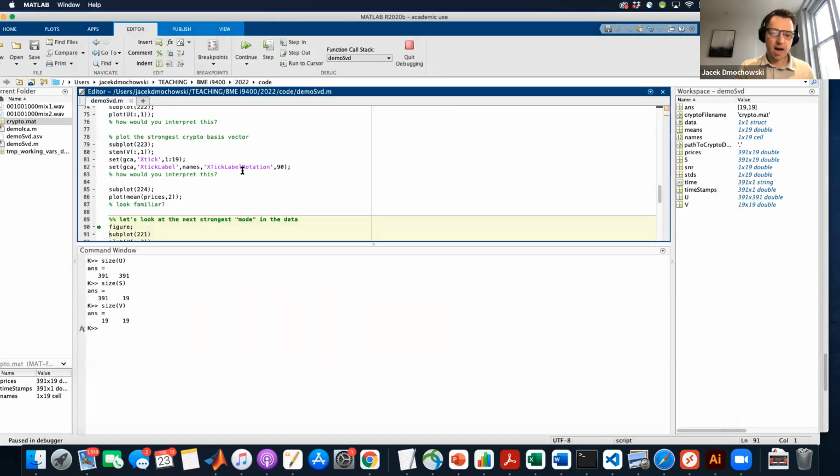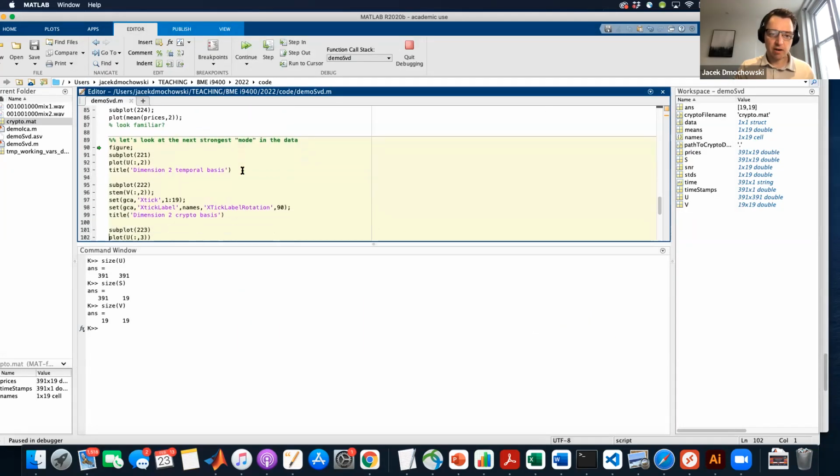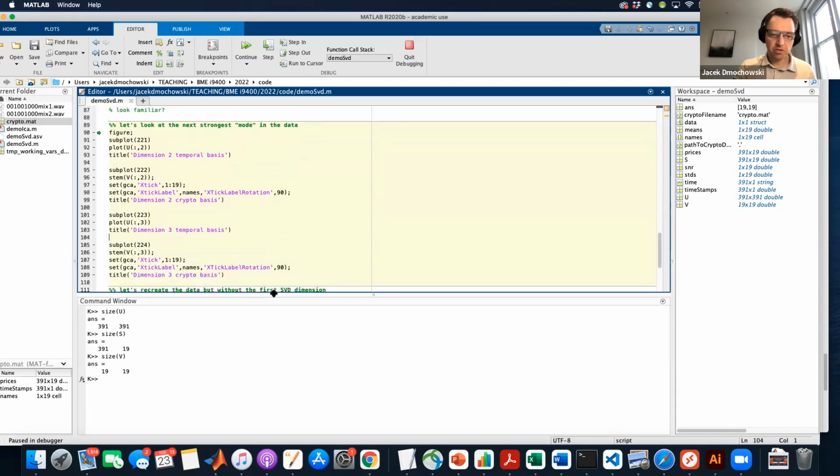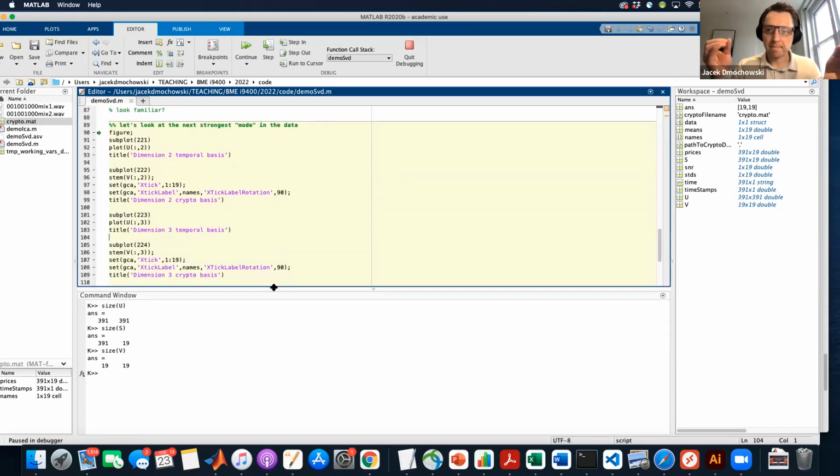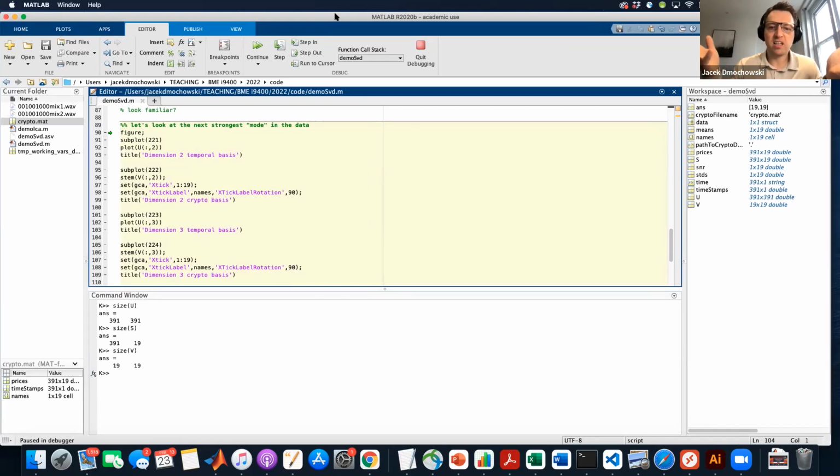So the first mode was very easy to interpret, but one could argue that it's not that interesting, because it's just a global trend. Yes, we know that cryptocurrencies, like most assets, appreciate over time, but I want to know more. I want to learn something more interesting in the data.